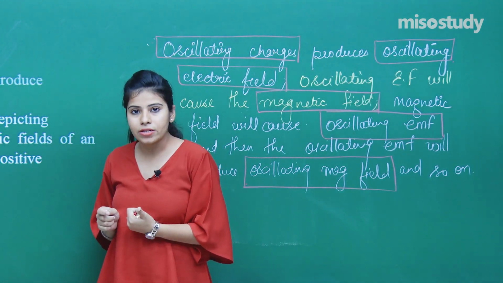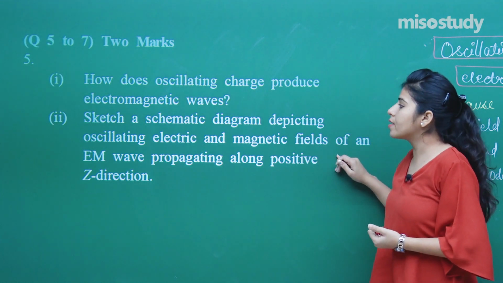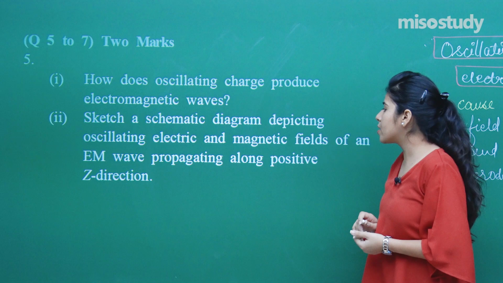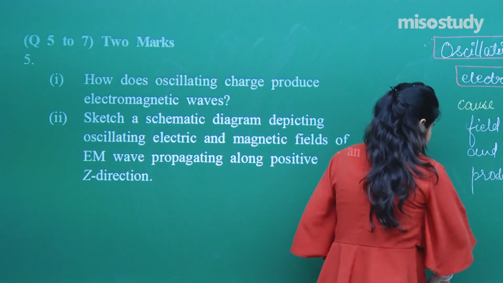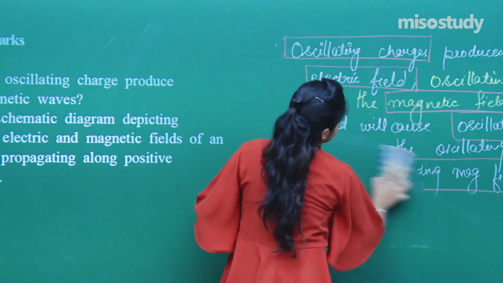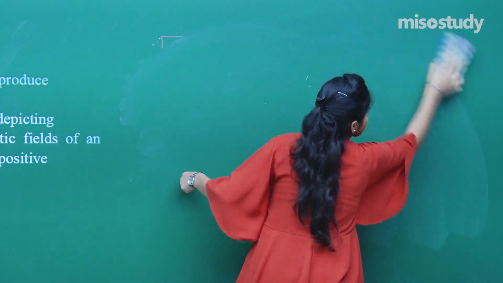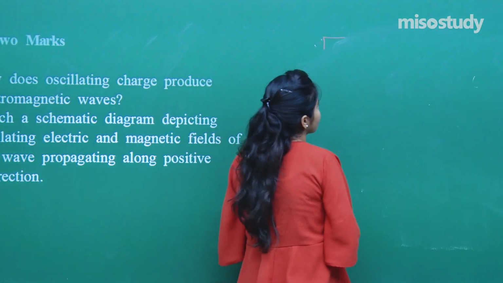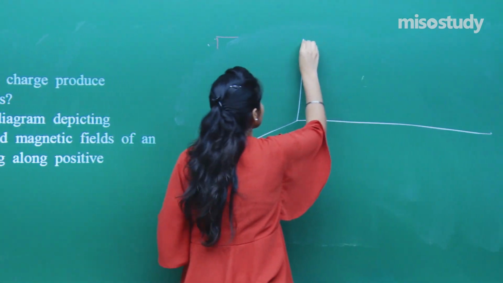Now the second part says: sketch a schematic diagram depicting the oscillating electric and magnetic fields of an EM wave propagating along the positive Z direction. Let us make that. We know that the EM wave travels perpendicular to both magnetic and electric field. So we are going to draw that.